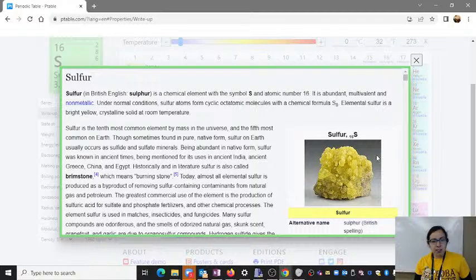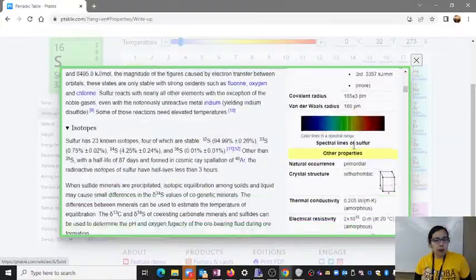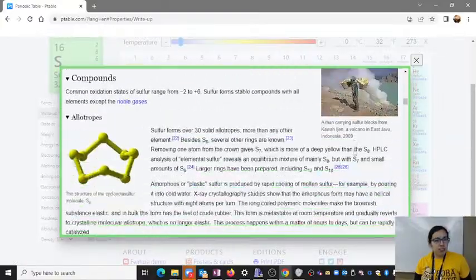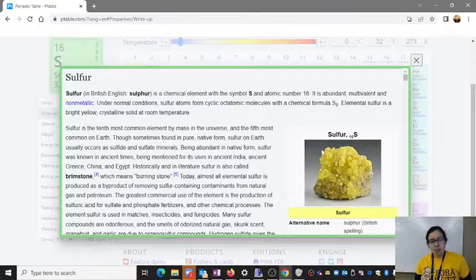Then if we go down, sulfur, usually you don't see it in this crystalline form, but rather powdery. But of course, sulfur is smelly, or at least compounds of sulfur. Pure sulfur itself shouldn't smell, but what does smell is when it starts reacting and forming hydrogen sulfide.